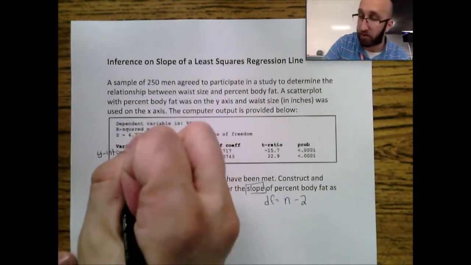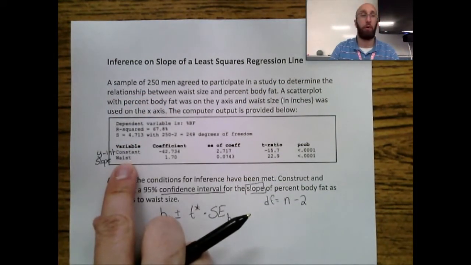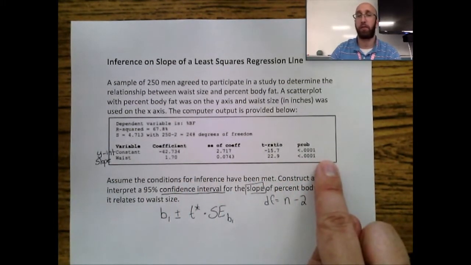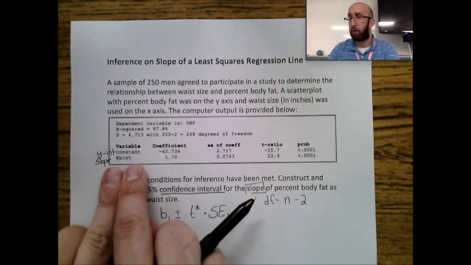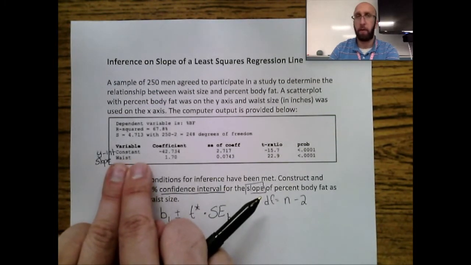We're focusing on slope, which is the bottom row, the row labeled waist. These numbers across here are going to be super valuable to us. Another way to identify it is that we see our x variable, the explanatory variable, waist, listed here.